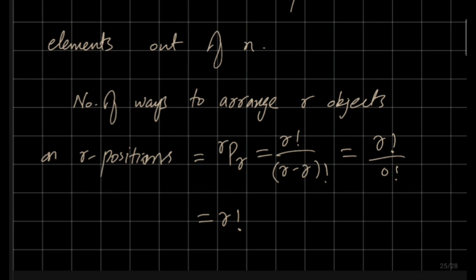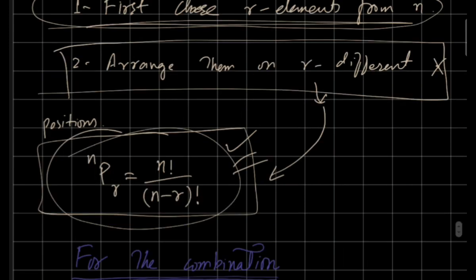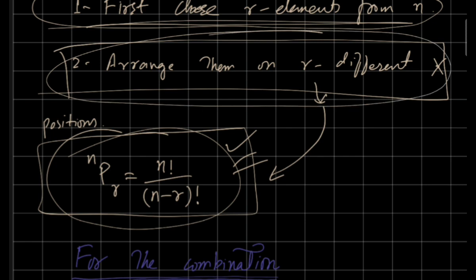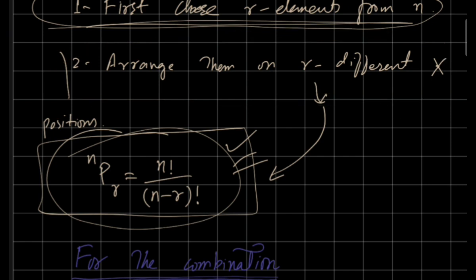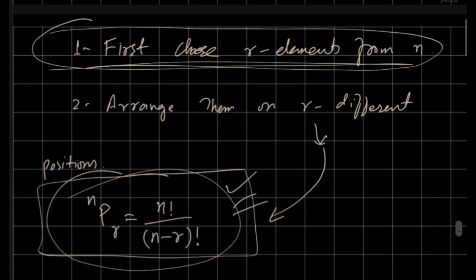Now, for the permutation, we have this formula. So in order to get a combination formula from the permutation, we have to divide by the number of ways to arrange r elements on r different positions, because we don't need this thing. Therefore, if we divide nPr by the number of ways to arrange r objects on r different positions, then we get the formula for the combination.